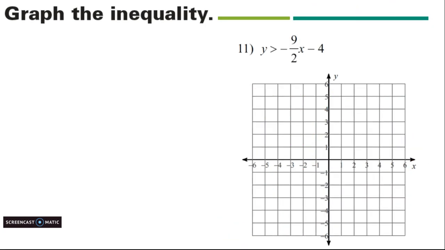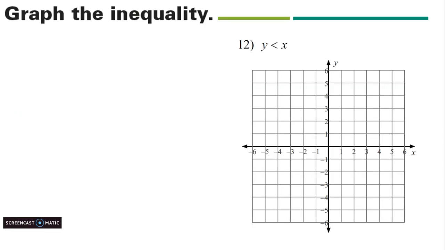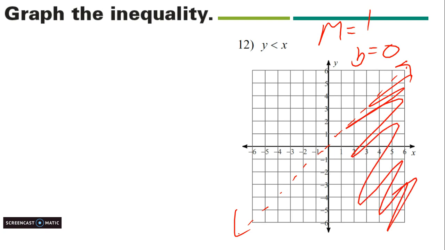All right, that's pretty much it. Your classic y equals x, that's a slope of 1 and a y-intercept of 0. So we're going to go like this. Up 1 over 1. And then less than, so we're going to shade below.